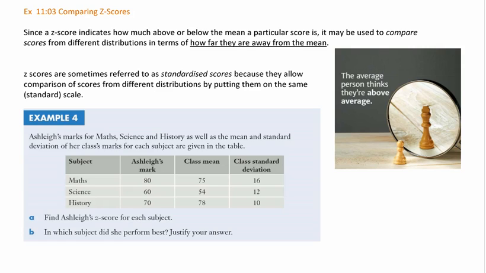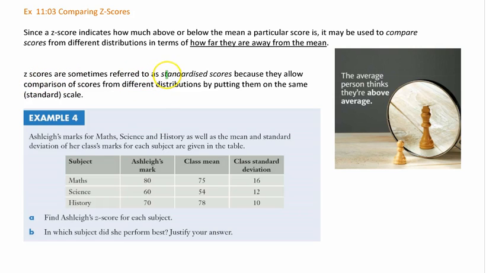So back to how do we use the Z-scores now? It's a much more useful statistic when it comes to comparing results. And you'll see here just another name to be aware of.